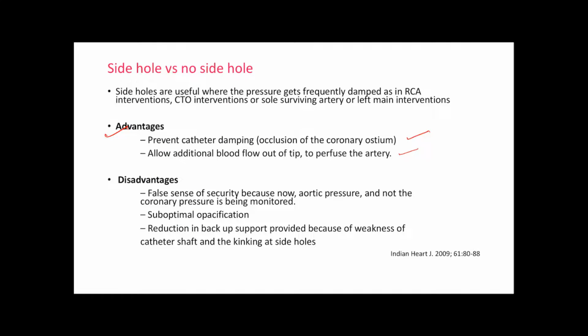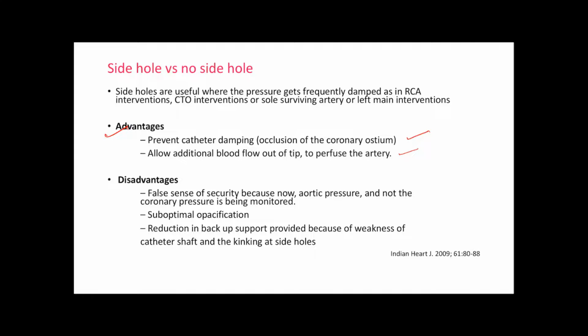But there are disadvantages. What are the disadvantages? It gives you a false sense of security because now aortic pressure and not the coronary pressure is being monitored. A guide catheter or a diagnostic catheter abutting a coronary ostial wall is prone to dissection. What is the practice? When we intubate a coronary vessel, we check the pressure and see whether it is damped or not.